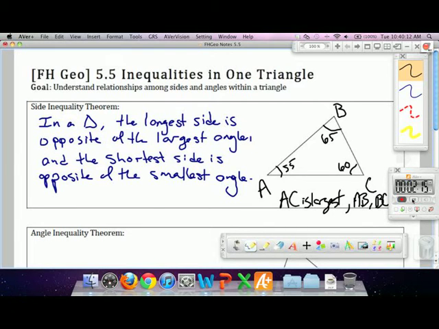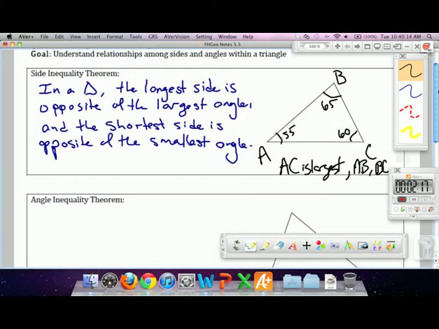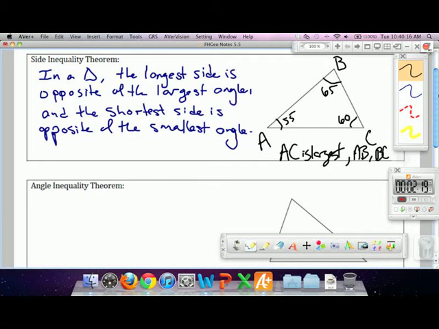The angle inequality theorem is essentially the converse of this. So it's going to look very, very similar. It's not the same. It's the reverse idea.